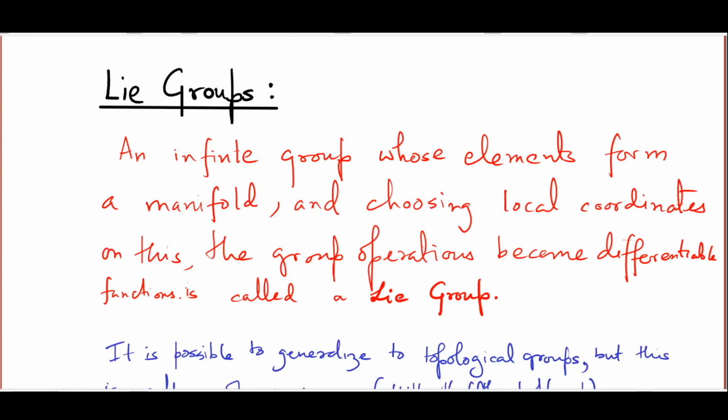Up until now, we have been considering finite groups and their applications to physics in this course. It is time now to shift gears and talk about Lie groups or infinite groups. Of course, we have seen a few infinite groups in the examples when we talked about examples of groups at the very beginning.